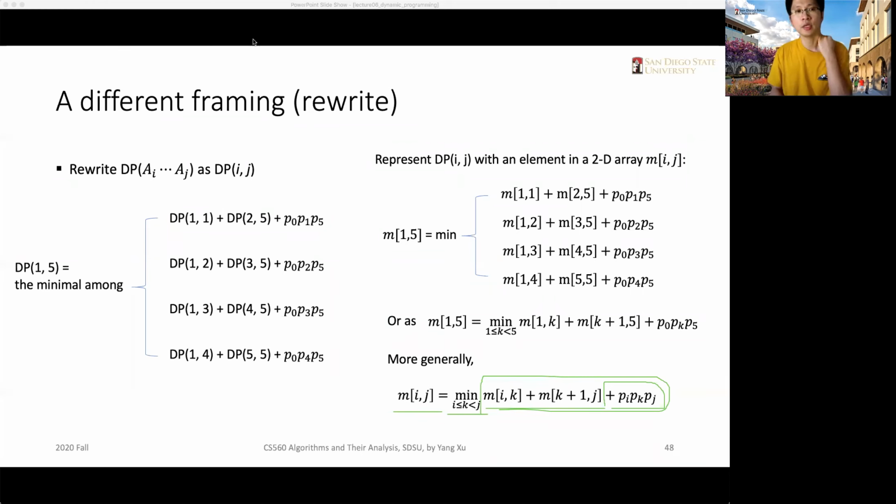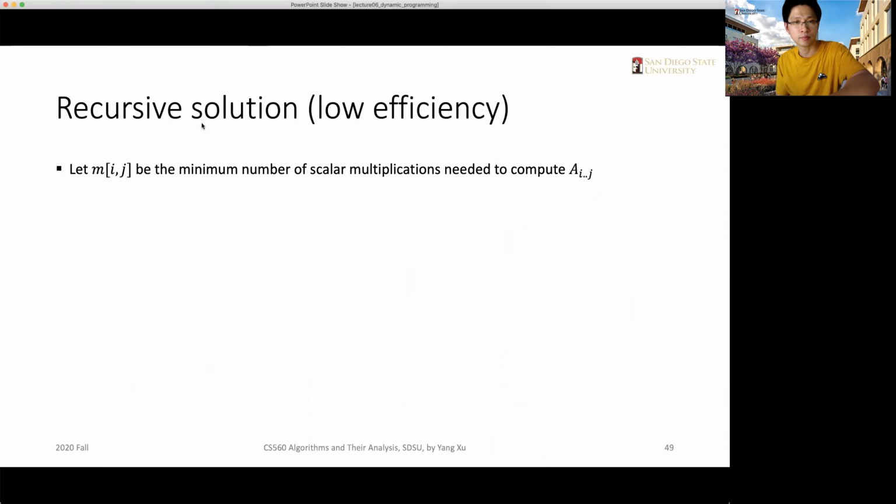All right, so given this different way to frame the problem, we can use some external memory space, like a 2D array, to implement the solutions of this dynamic programming approach. Okay. So before that, let's consider a recursive solution.